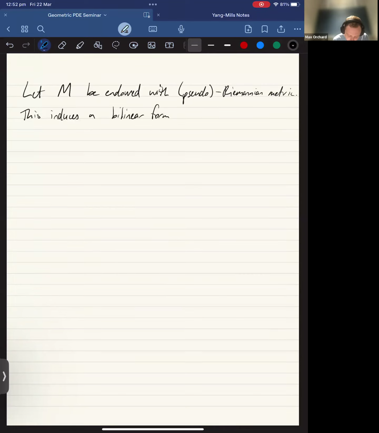So here, I'm going to now say that the base manifold M is going to be endowed with, I guess, a pseudo-Riemannian metric, because if we're in physics, we want to look at Lorentzian metrics as well. So we need to also consider the case where we have pseudo-Riemannian metrics. When we have this, it induces a bilinear form on differential forms.